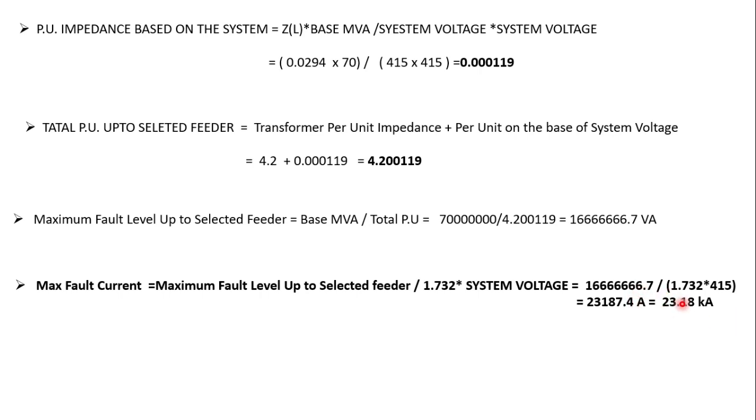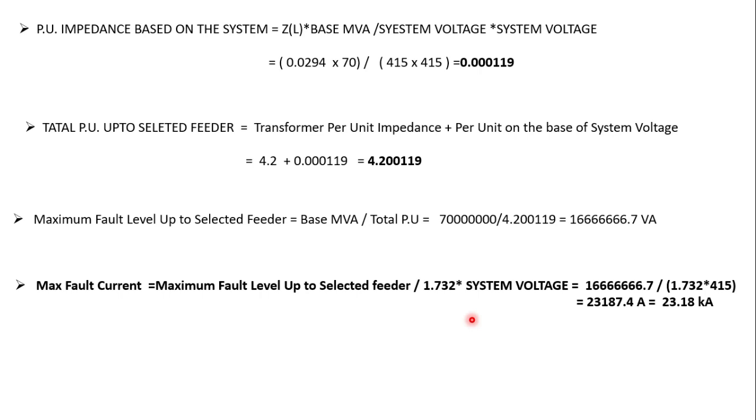As per this value only we can select the air circuit breaker breaking capacity, the short circuit capacity, which is 10 to 25 kA as per this value. And we also have to calculate the copper strip size for earthing as per this value only.